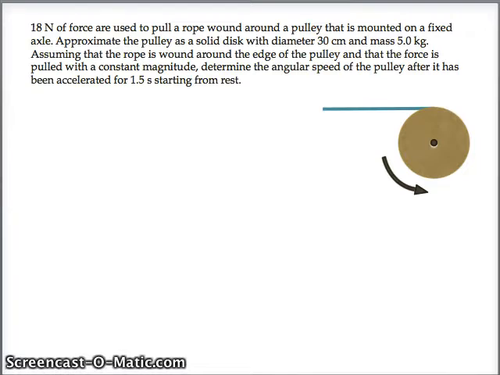So we are looking to determine the angular speed of this pulley after it's been pulled. And so what we're looking for is a value of omega. To get there, we are first going to need to determine a value of angular acceleration so that we can use that time that we're given and the fact that it started from rest.